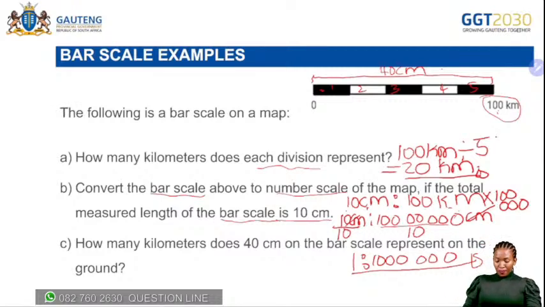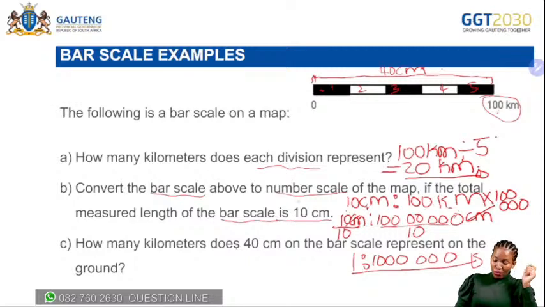And then, see how many kilometers 40 centimeters on the bar scale represent on the ground. So this means that when we measured this bar, it actually measured, guys, 10 centimeters. I'm sorry, I made a mistake. I said it measures 40 centimeters.